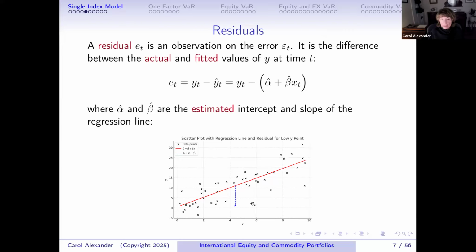The fitted y is the red line, and that value is like 11 or 12, and so the residual is about 1 minus 11, so it's something like minus 10 in this case. And now we put hats on alpha and beta because they are the estimated intercept. Alpha is where the line cuts the vertical axis, that's the intercept, and the beta is the slope of the line.